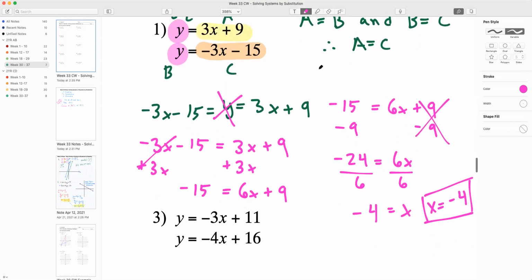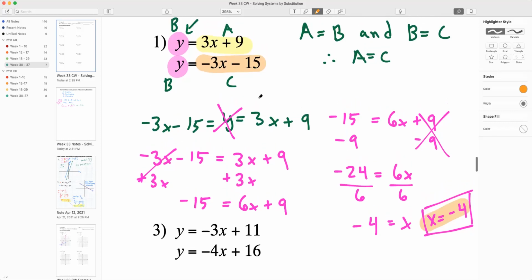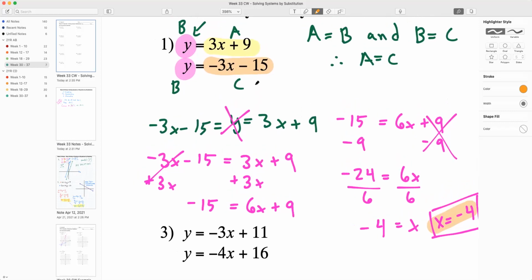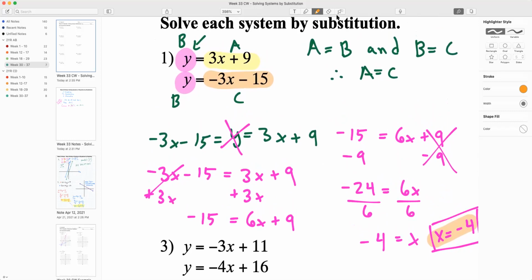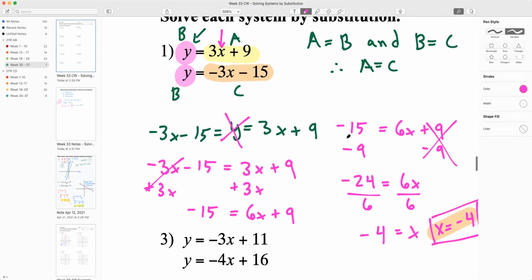Then once we find that variable, we simply plug it back into the equation. We're going to plug in negative 4 for x right there.